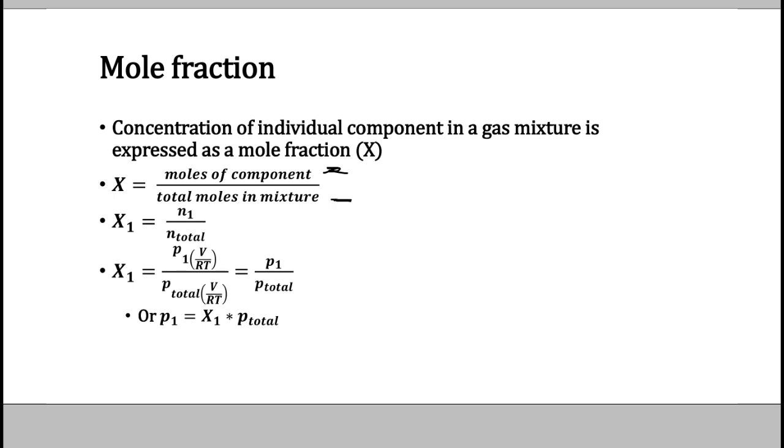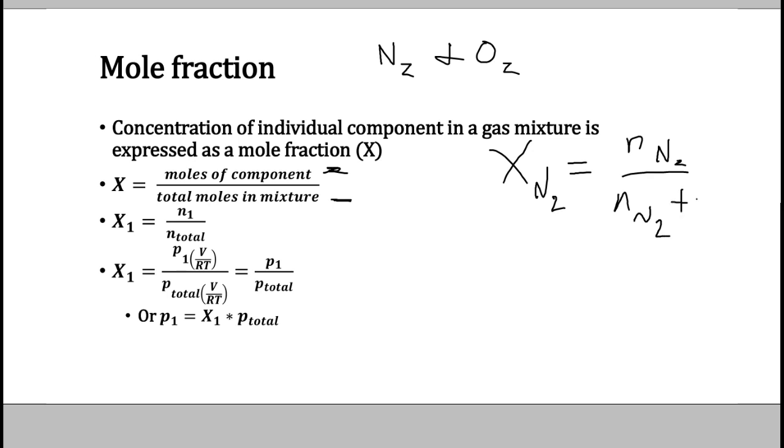So let's say we had nitrogen and oxygen as our primary gases. If you wanted to know the mole fraction of nitrogen, you would take the moles of nitrogen divided by the total moles. So you'd have the moles of nitrogen plus the moles of oxygen.